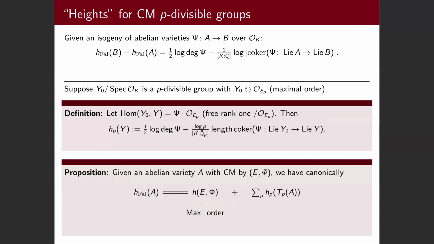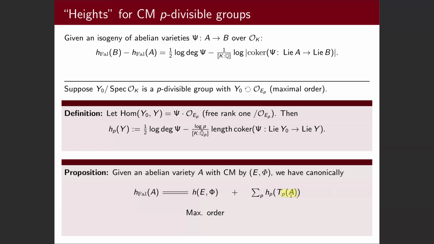In this case, the height does not depend on the choice of abelian variety, so it is some number depending on the CM pair. There's another term, a p-adic correction term, describing the discrepancy in the case of CM by a non-maximal order. And this is exactly the height that I just defined.